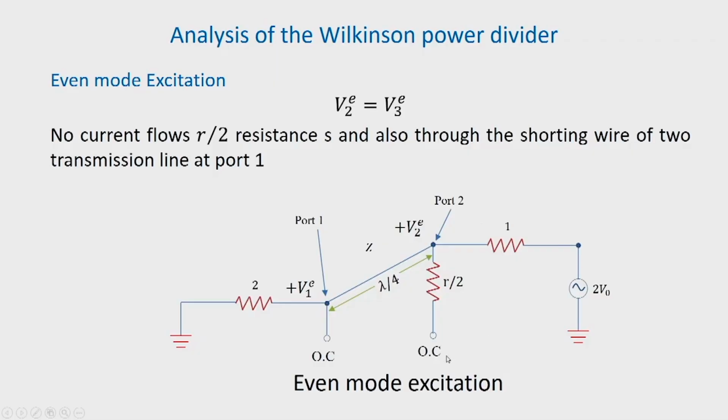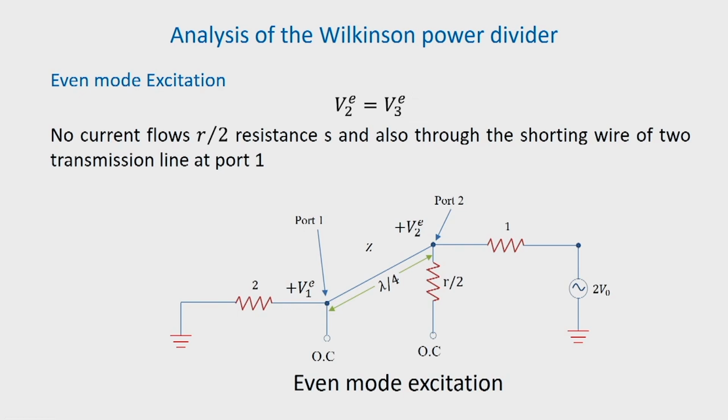Now, this is the circuit shown for the even mode excitation, and here we can say these are open circuits. Further, V2E, that means the voltage at this port 2 under even mode excitation condition, will be the same as V3E.